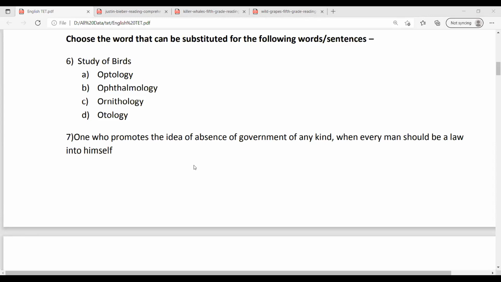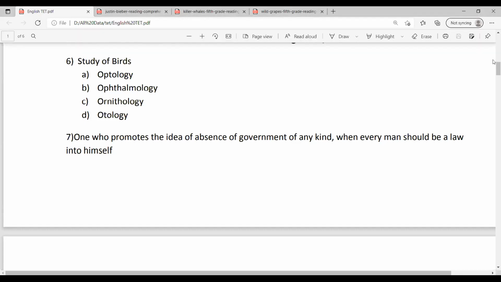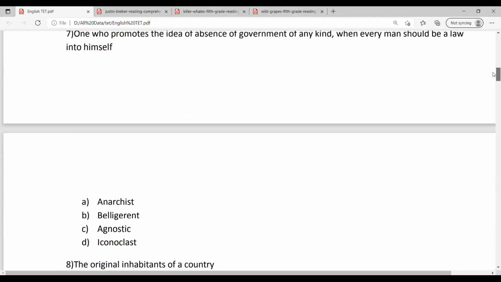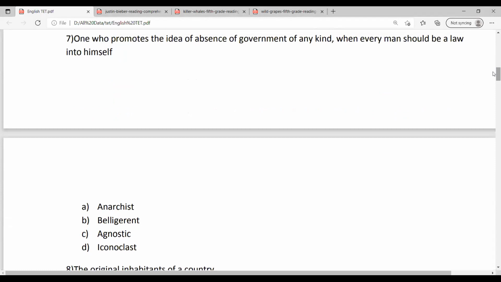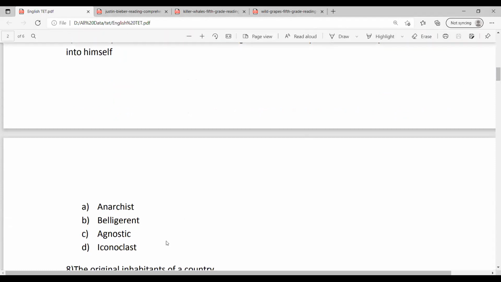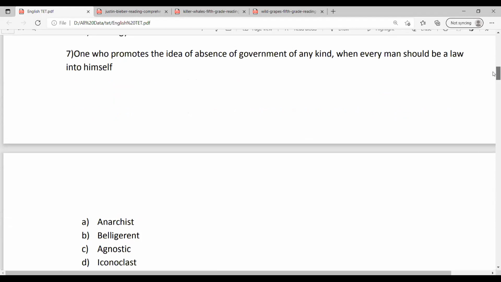One who promotes the idea of absence of government of any kind, when every man should be a law unto himself. Options are anarchist, belligerent, agnostic, iconoclast. Can you see the question? One who promotes the idea of absence of government of any kind, when every man should be a law unto himself.